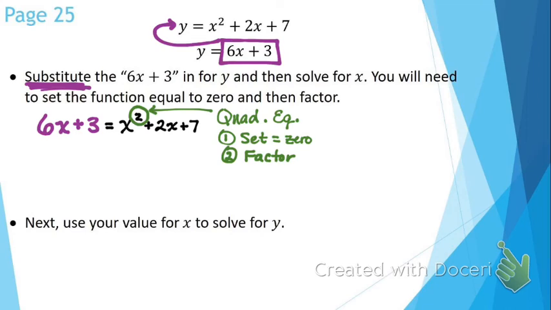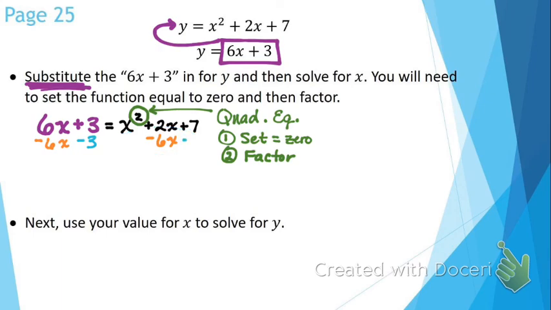How do I take this and get it equal to 0? Subtract what? 6x. Where should I put the 6x over here? Underneath the 2. What else do I need to do? Subtract 3 from both sides. Where should I put that over here?